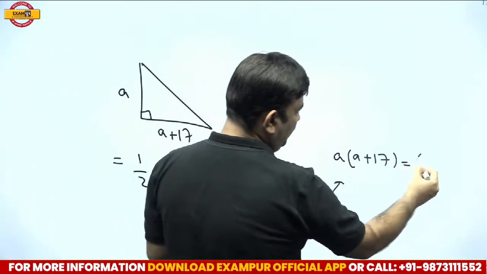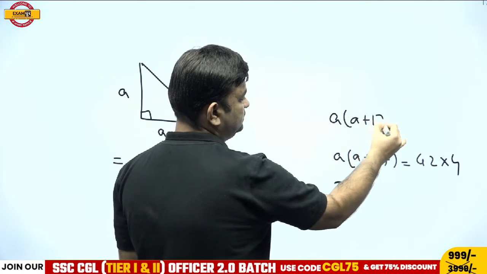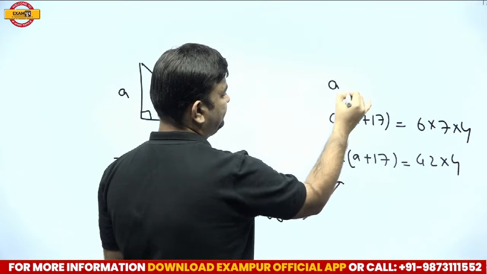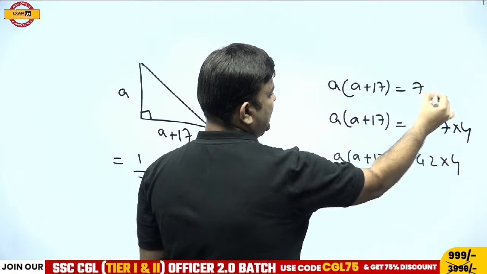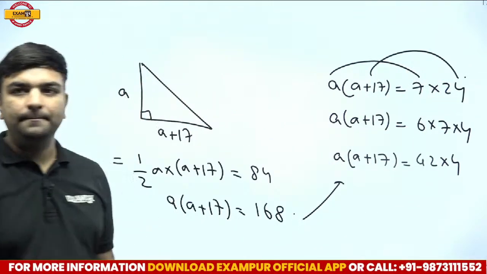I think 42 into 4. 6 into 7 into 4. 7 into 24. A is 7. A plus 17 is 24.